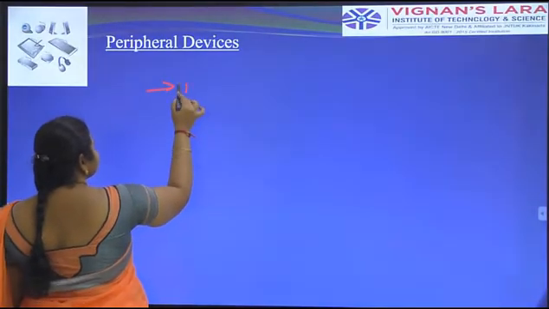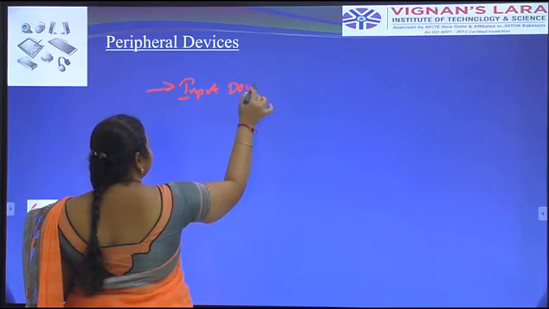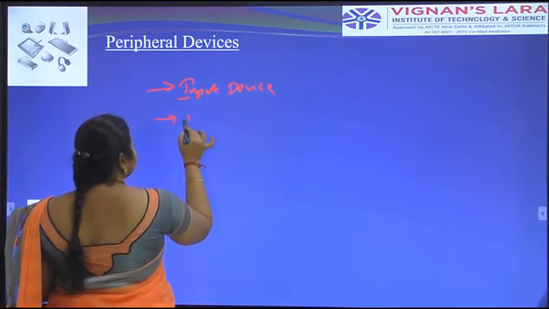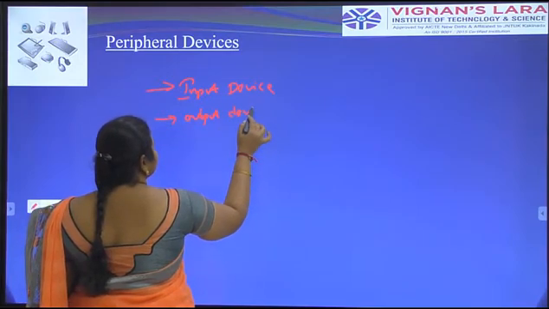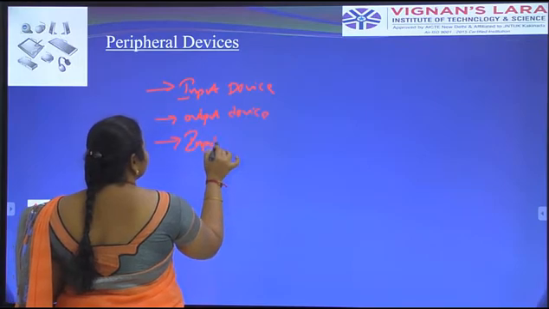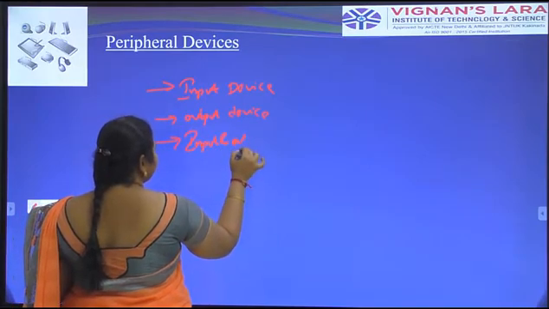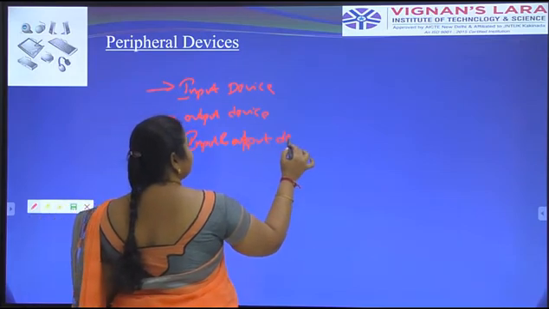There are three types of peripheral devices: input device, output device, and input and output device.